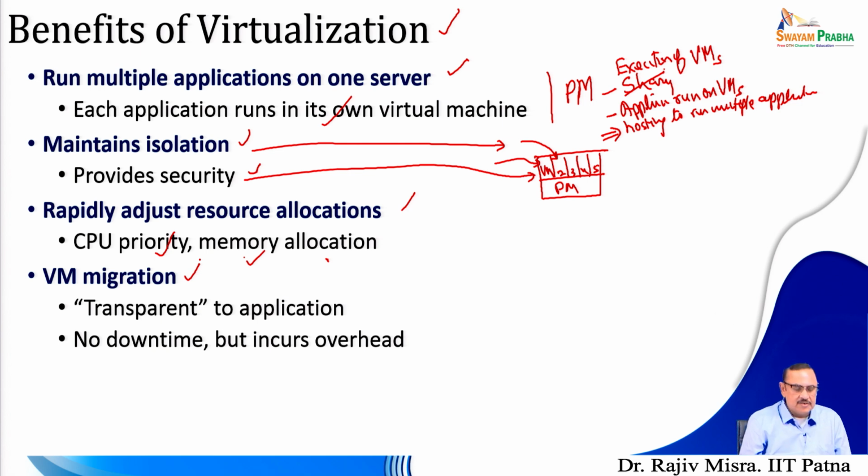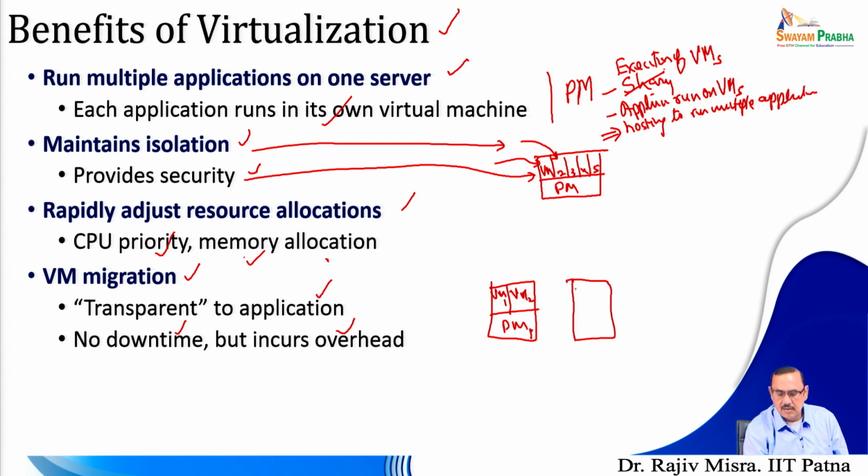The most important part of virtualization is virtual machine migration. Virtualization allows virtual machine migration. This migration is transparent to the application, and this will also ensure that there is no downtime, but also incurs some kind of overhead. For example, if this is the physical machine which is running two virtual machines, VM1 and VM2, and this is another physical machine, let us say PM2, which is running virtual machine 3.